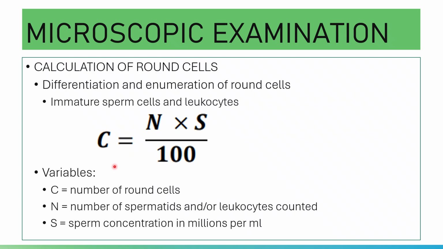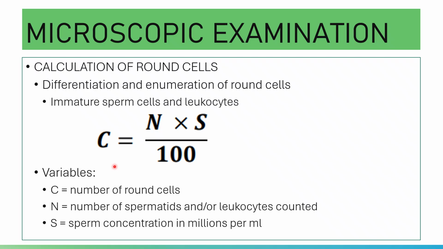Please note that you need to calculate your round cells. Your round cells are your immature sperm cells and your leukocytes. You need to differentiate and enumerate them. The predominant leukocyte in the semen is the peroxidase positive granulocyte.